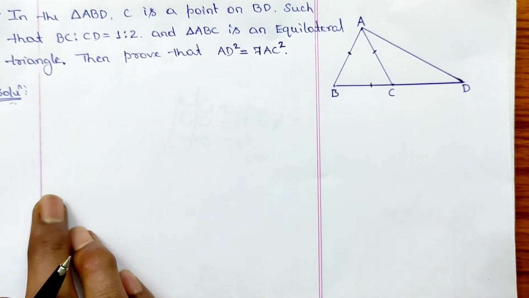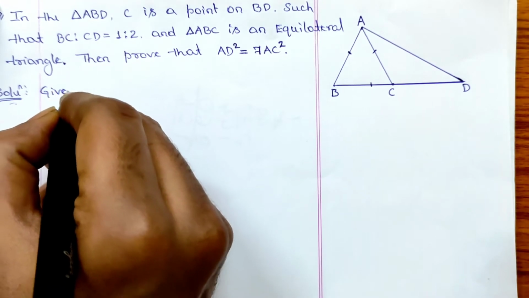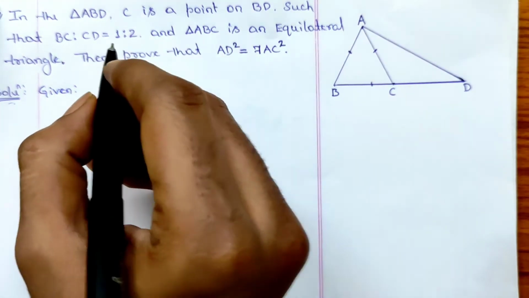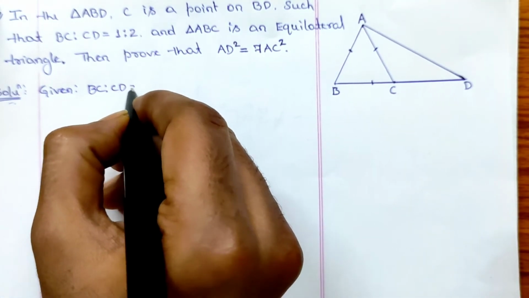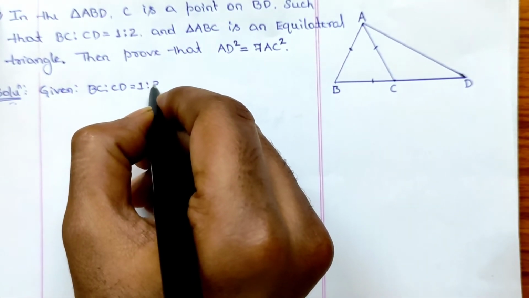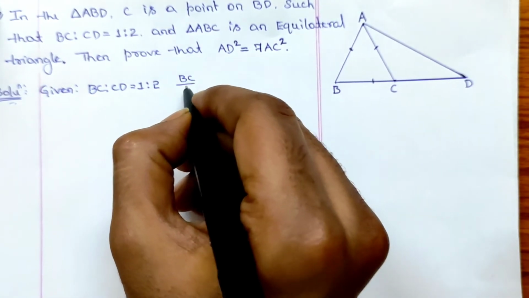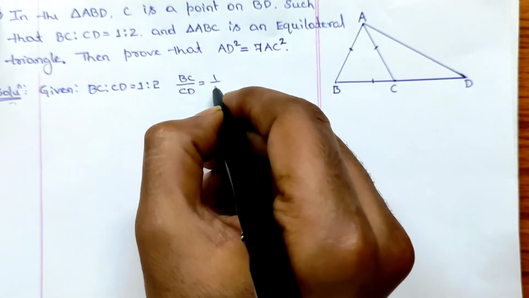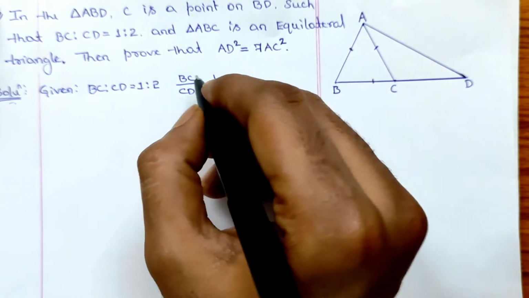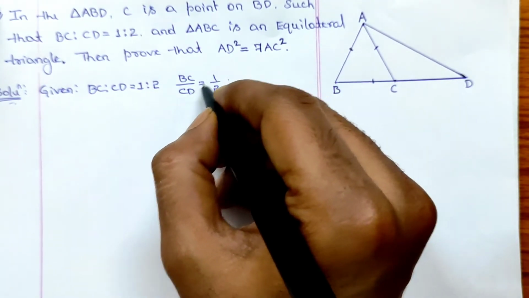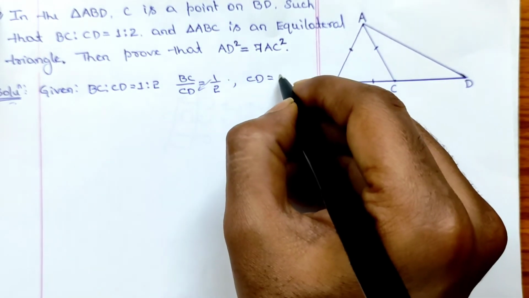So let me note down the data given. What is given? BC is to CD is equal to 1 is to 2. So we can express this in the form of fraction as BC by CD is equal to 1 by 2. On cross multiplication we can write CD is equal to 2 times of BC.